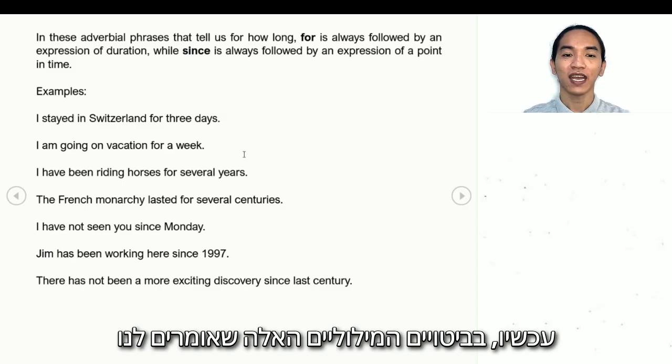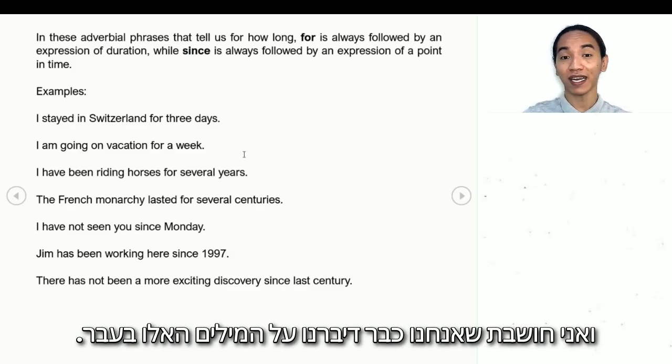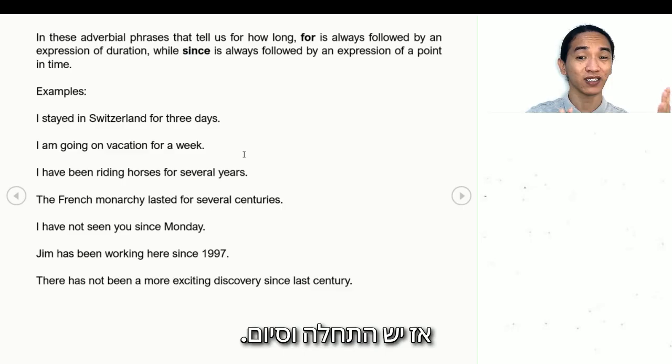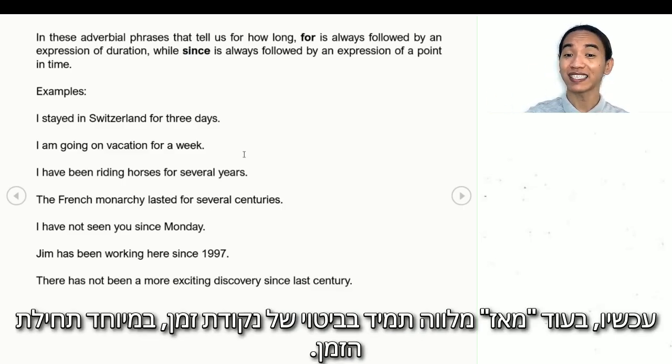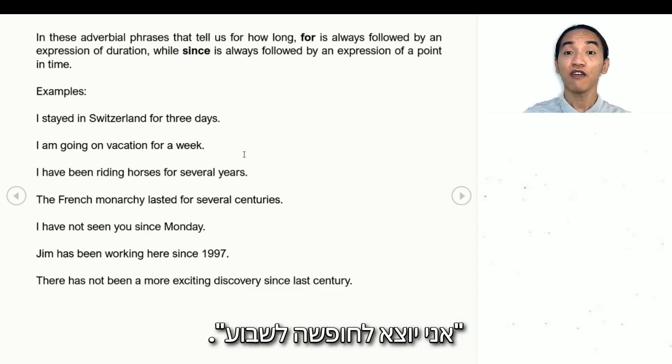All right, now in these adverbial phrases that tell us for how long, we have the words for and since. And I think that we already discussed these words before. So for is always followed by an expression of duration. So there is a start and a finish. Now, while since is always followed by an expression of a point in time, particularly the start of the time. I stayed in Switzerland for 3 days. I am going on a vacation for a week.